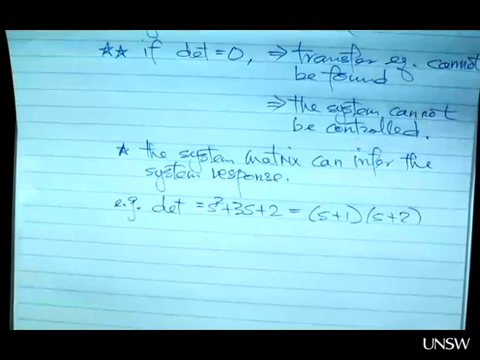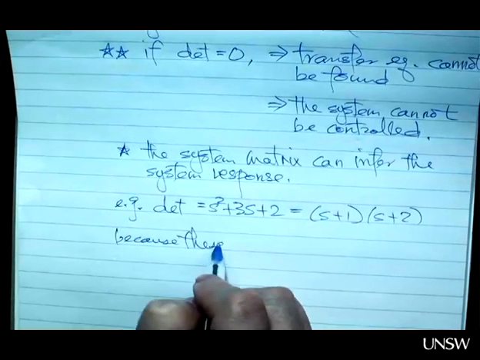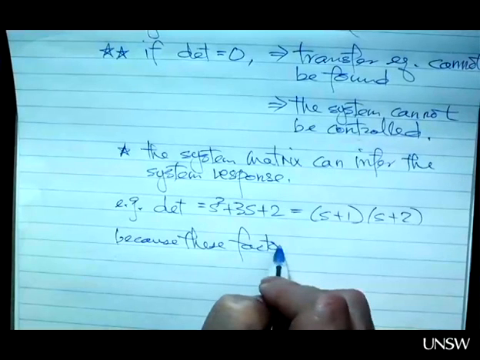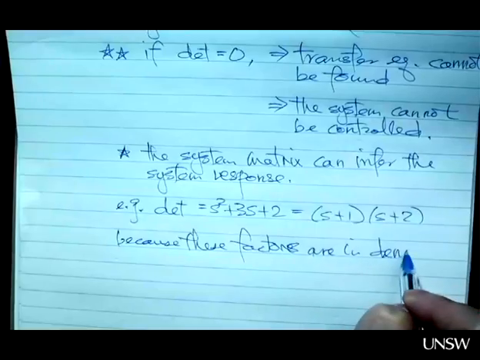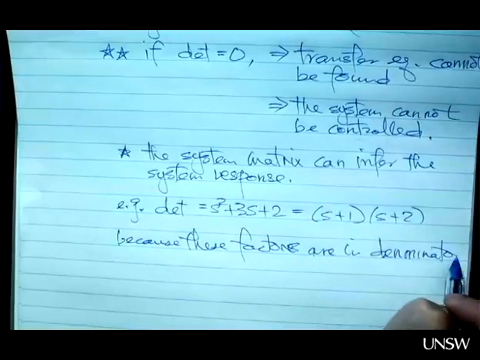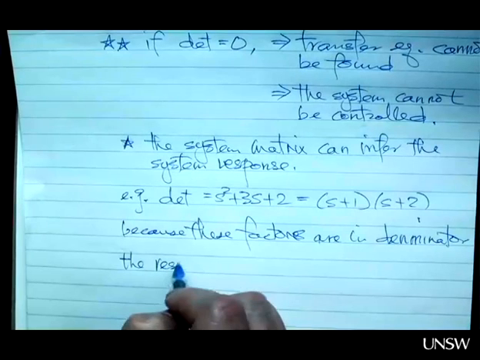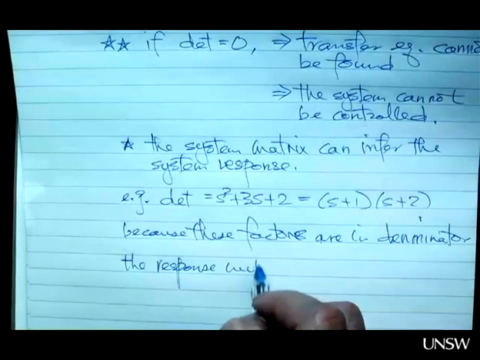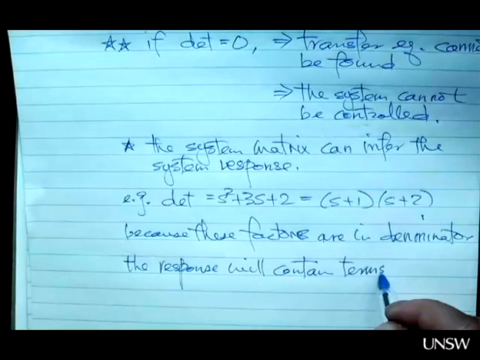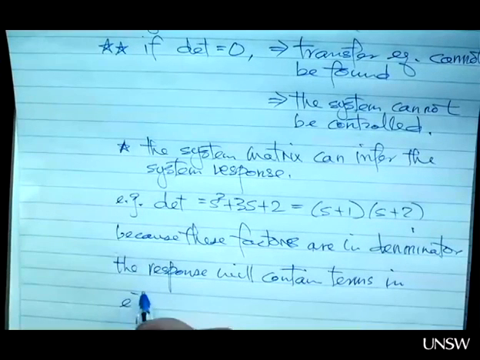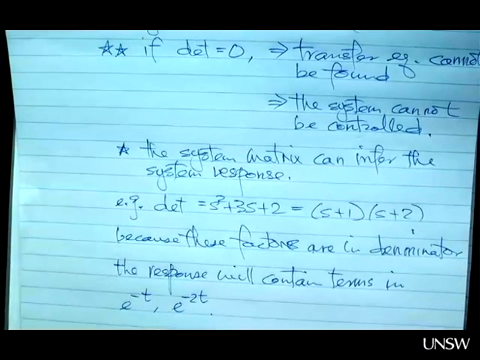Because these factors are in the denominator, the response will contain terms in e to the minus t and then e to the minus 2t. That is from the inverse Laplace transform.